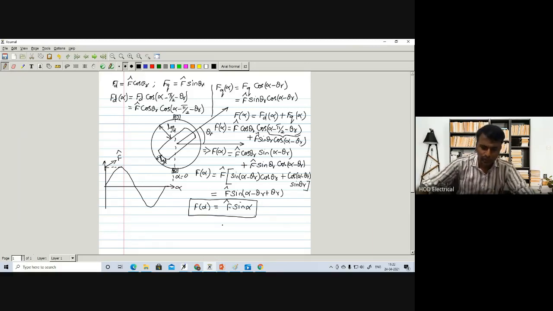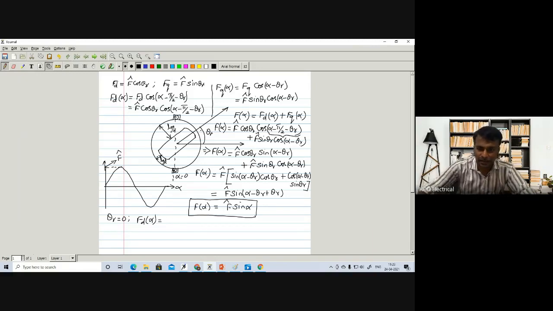From this you can conclude one thing: if the rotor angle theta r is equal to 0, then cos 0 is equal to 1.